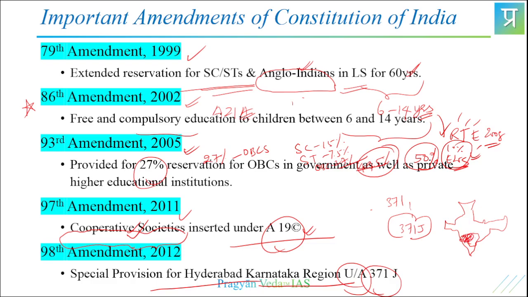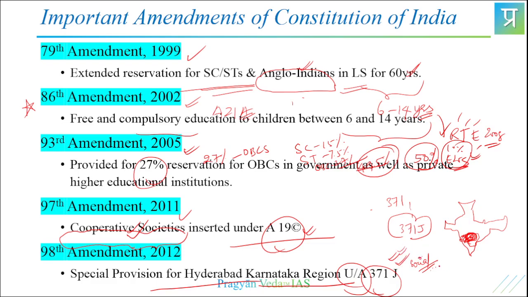Certain areas like Bidar, Gulbarga, Yadgiri were not very well developed, and therefore, to curb the social and educational backwardness, various provisions and safeguards are given under 371 in terms of education, in terms of posting in government jobs, etc.